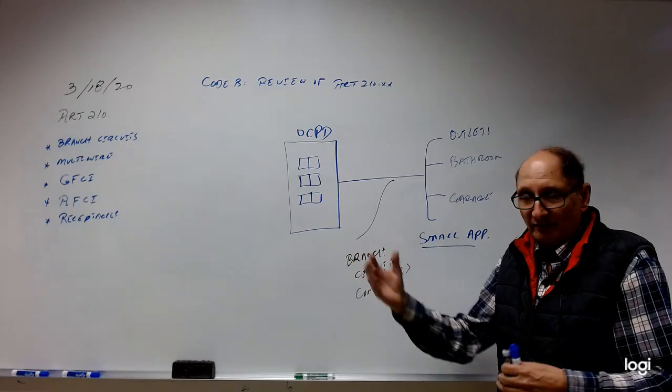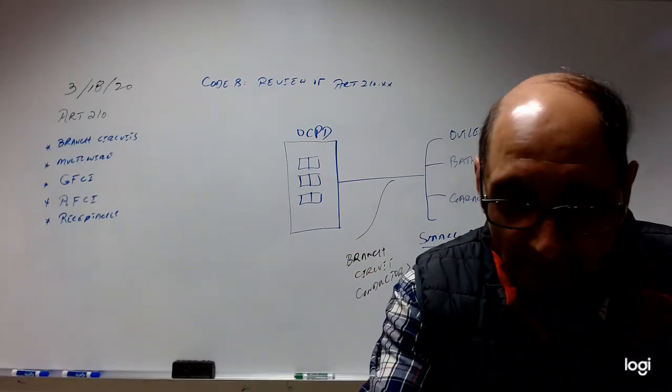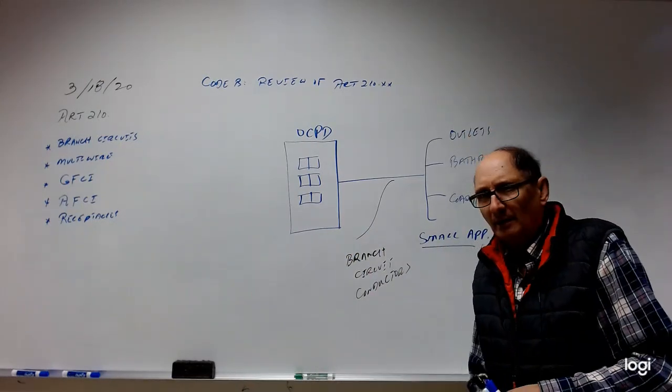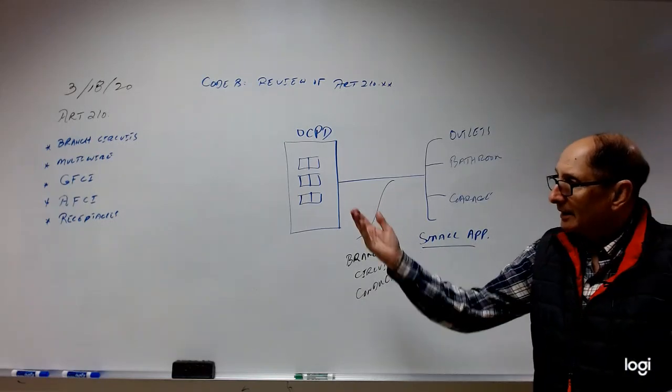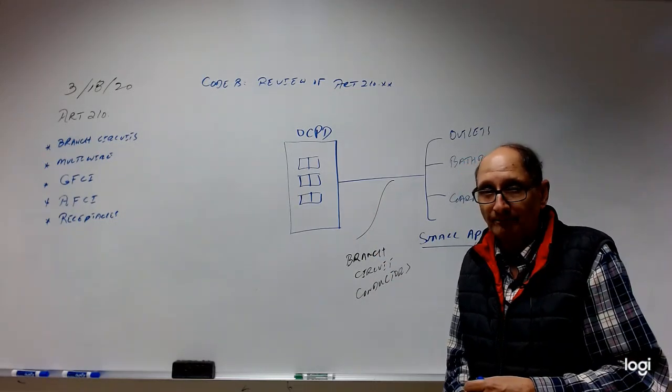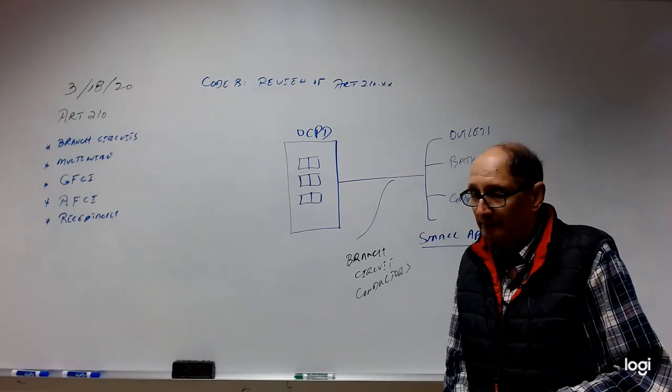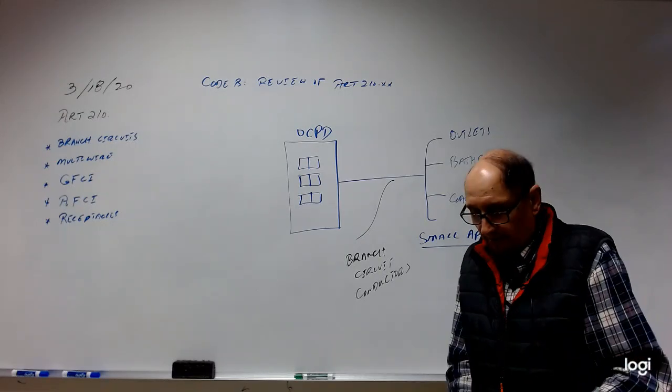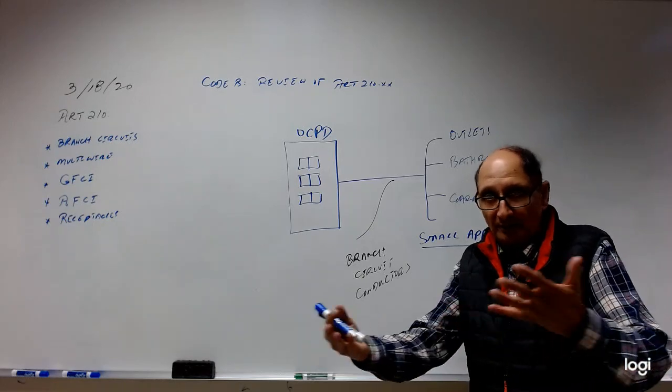What the GFCI does is protect you and the equipment. And then we have another one, AFCI, arc fault, that basically prevents fires and indirectly protects you and me.